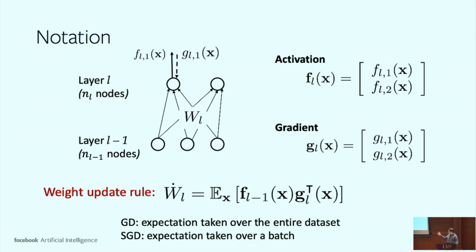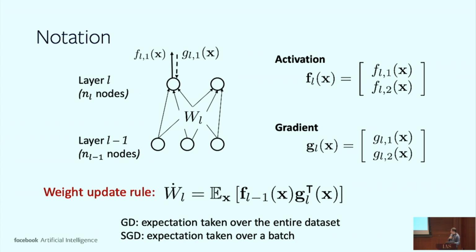Here's some notation. We have two layers, L and L minus 1, and the weights are W_L between these two. You have an activation vector and a gradient vector, obtained by accumulating all the activations at the same layer together, so you have two column vectors representing the activations of the same layer. Given all this notation, the weight update rule is very simple.